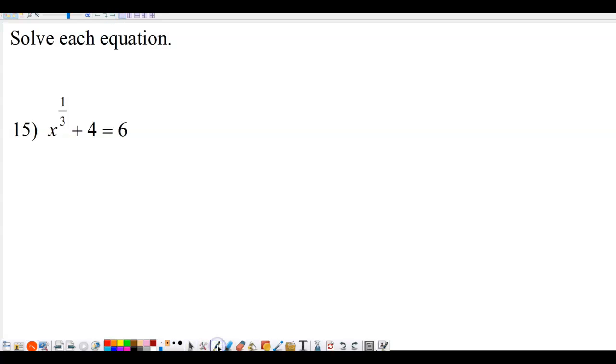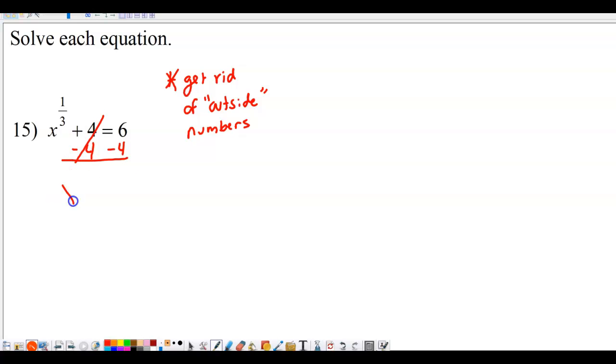So for problems like this, you want to get rid of the outside numbers first. We've seen that a few times now, if you did the last lesson that we did. So I want to get rid of this 4 before I do anything else. This 4 is not under the power of the 1/3, and so it's free to be moved out of the way, like so.